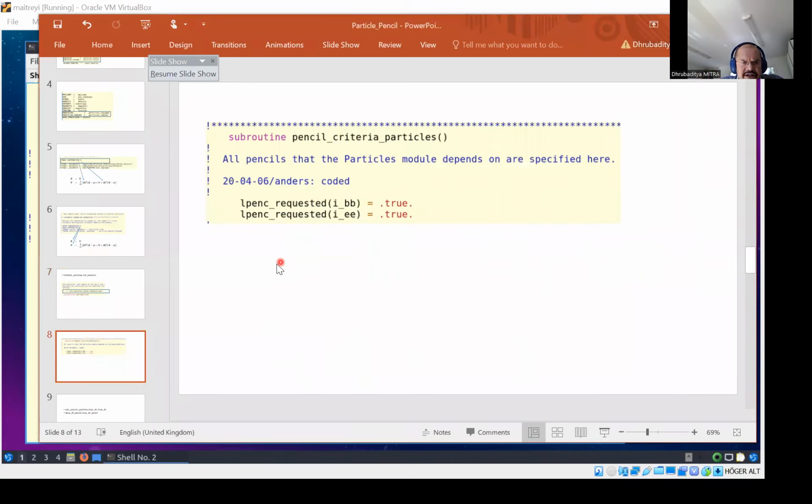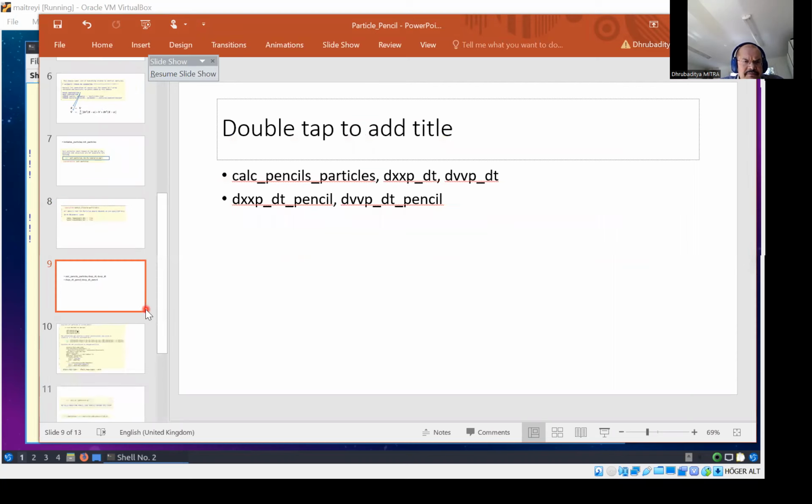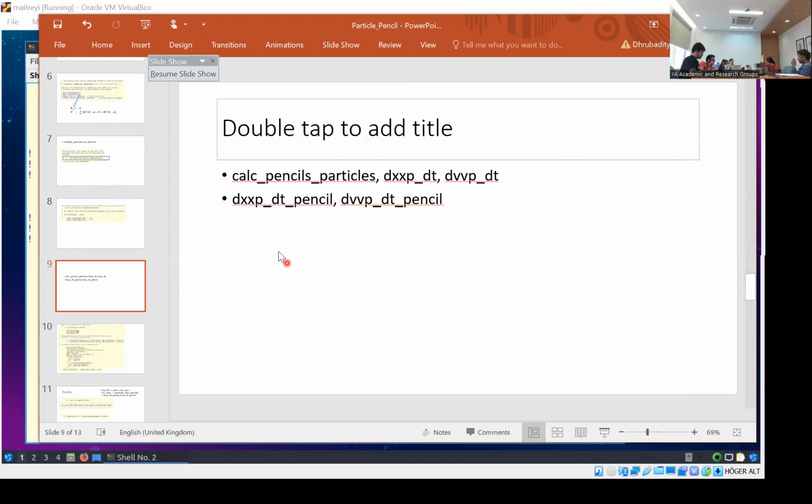Okay, sort particles, fine. I already talked about this. Now, importantly, dxxp dt, you already saw what it does. dvvp dt, at the moment, assume it does nothing interesting to our equations.